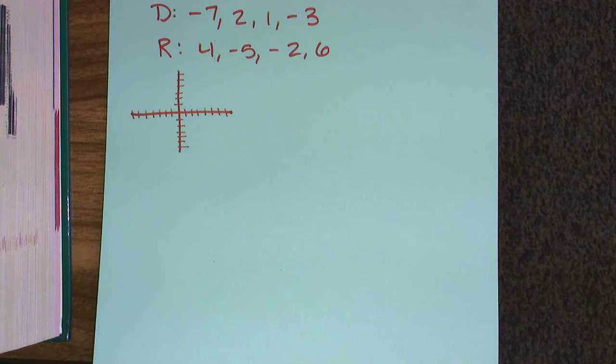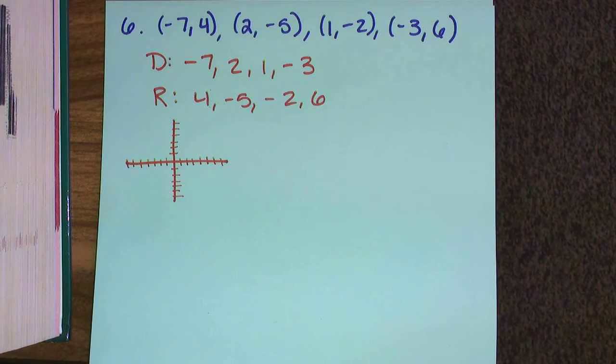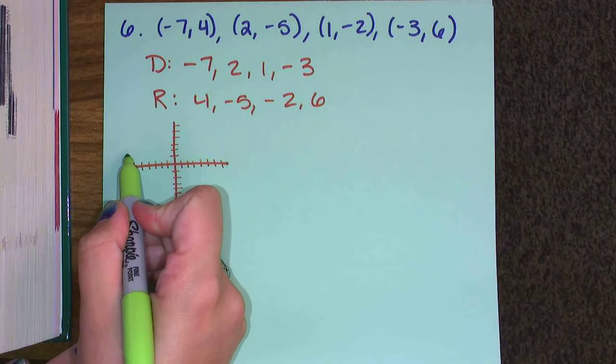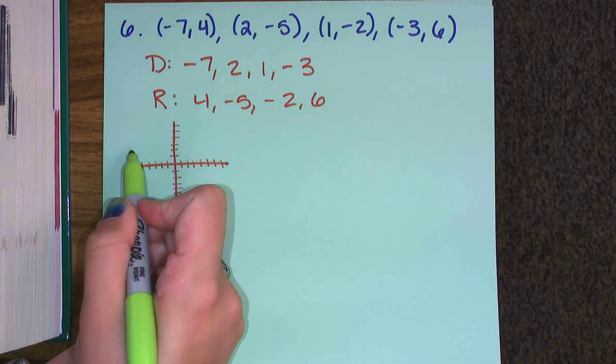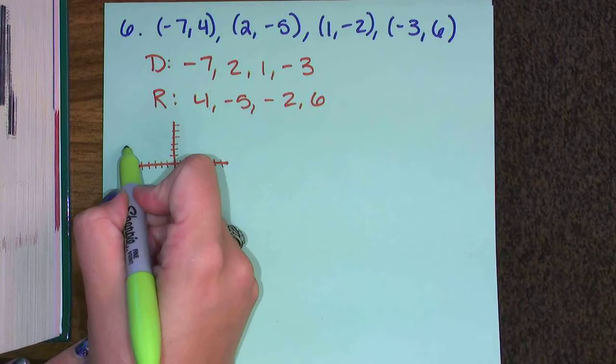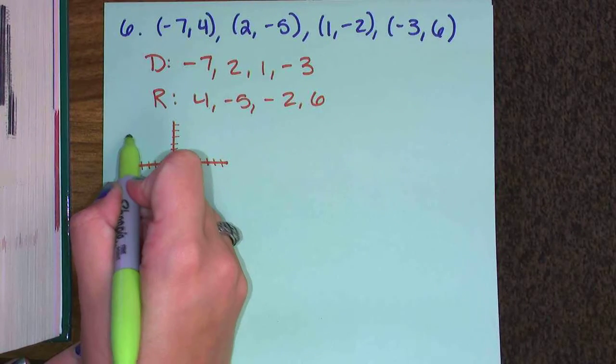Alright, so describe to me where the first point should go. Up 2? Okay, so somewhere in that area.